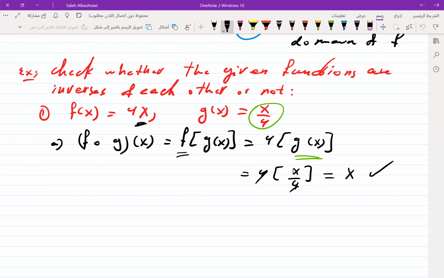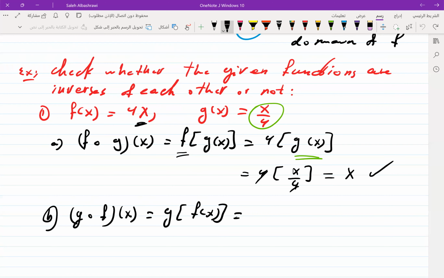Now let's move to the second condition. Let's reverse the order. I'm going to find g composite f, which means g of f of x. g is given by x over 4, so replace any x by f of x.